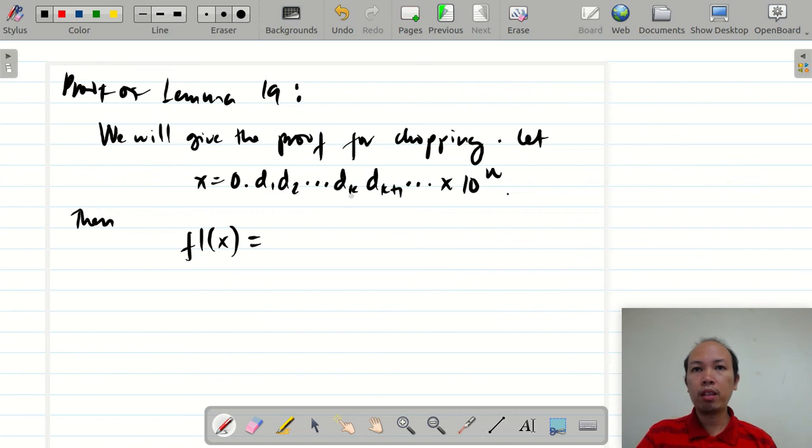We cut up to k digits: 0.d sub 1, d sub 2, up to d sub k, times 10 to the n, if chopping is used.